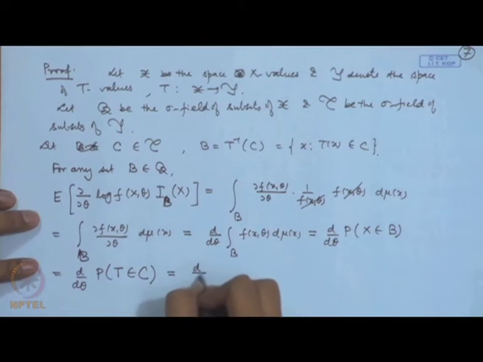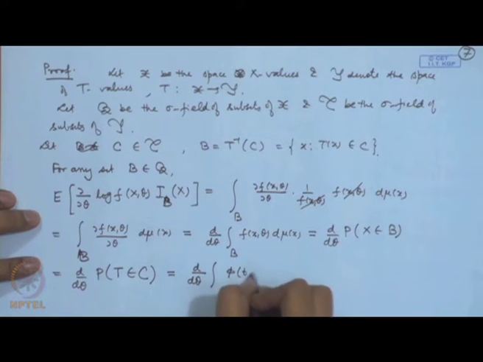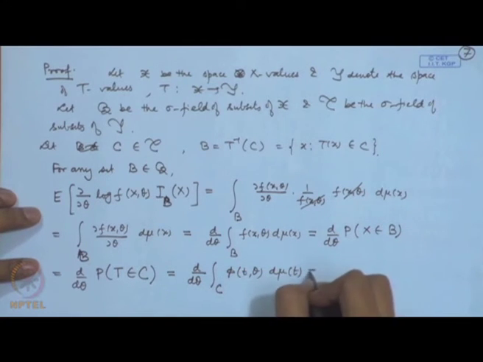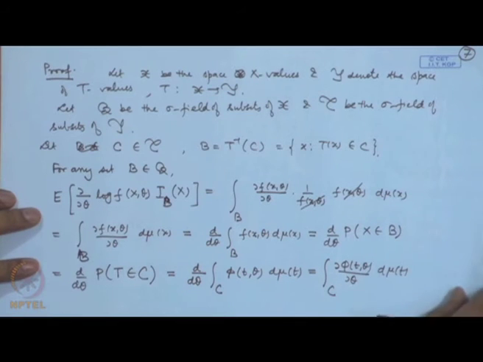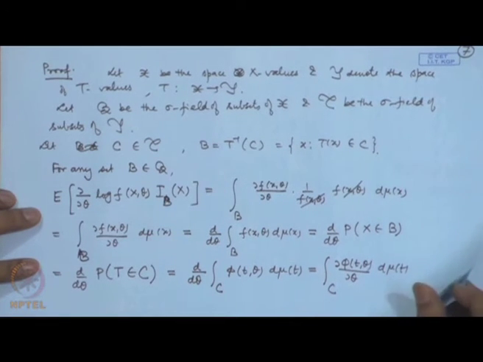Therefore, we can write it as d by d theta of the integral of phi(t, theta), that is the density of T with respect to the corresponding measure, over the set C. Now, once again we have made the assumption that we can consider differentiation under the integral sign. So, this becomes the integral of del phi by del theta d mu_t over the set C. Now, we can divide and multiply by the density of T inside the integral sign.